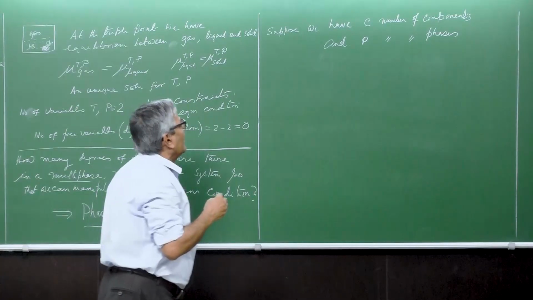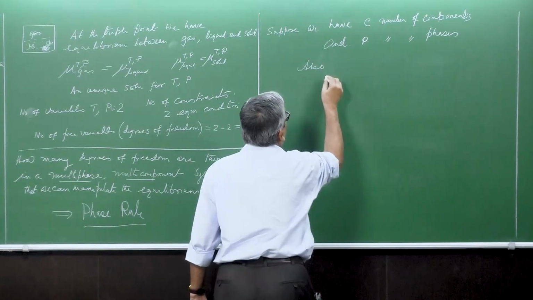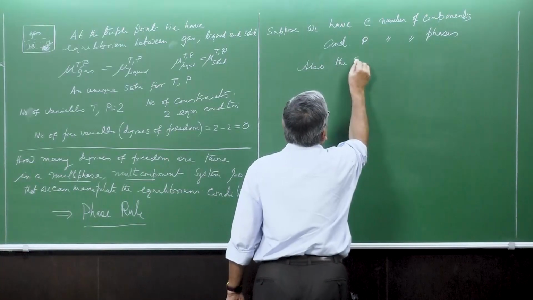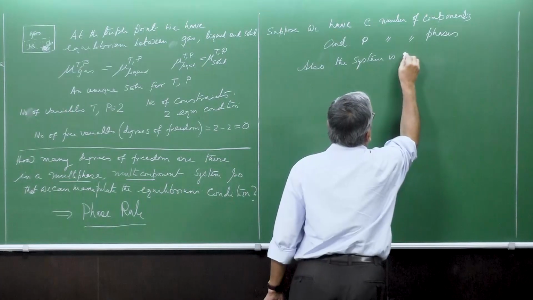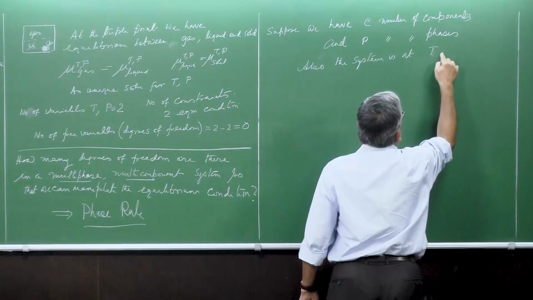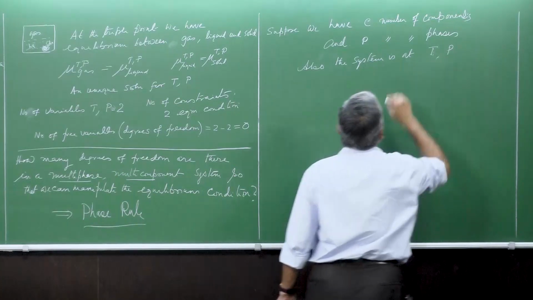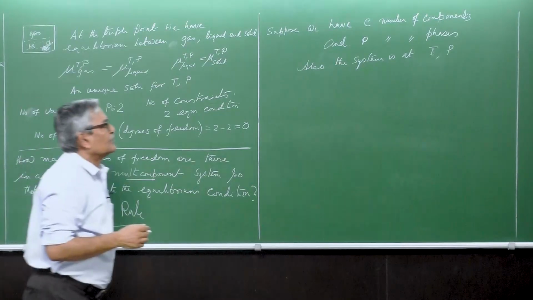Also the system is at temperature T and pressure P. There are two variables. So how many variables of the system are there?